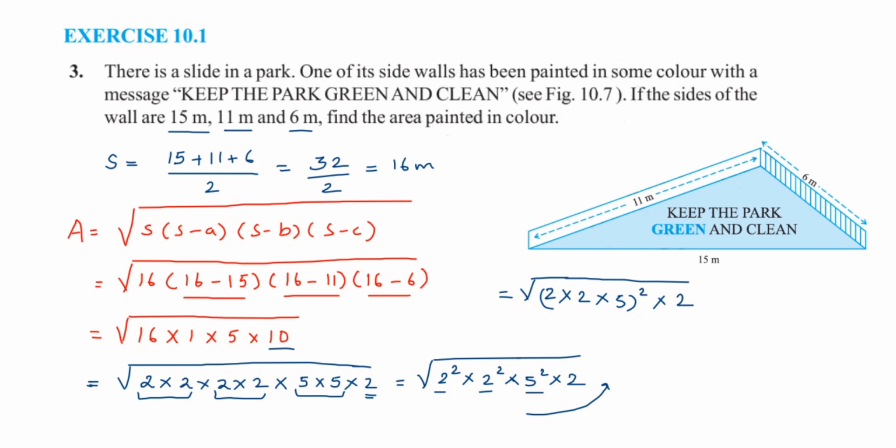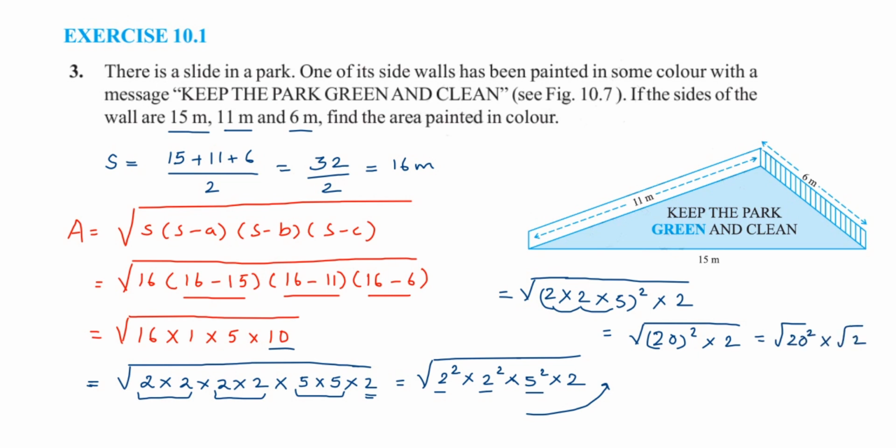We can rewrite this again by splitting. So 2 times 2 is 4, 4 times 5 is 20. So 20 square times 2. So this is equals to, you can again split it, 20 square times square root 2.